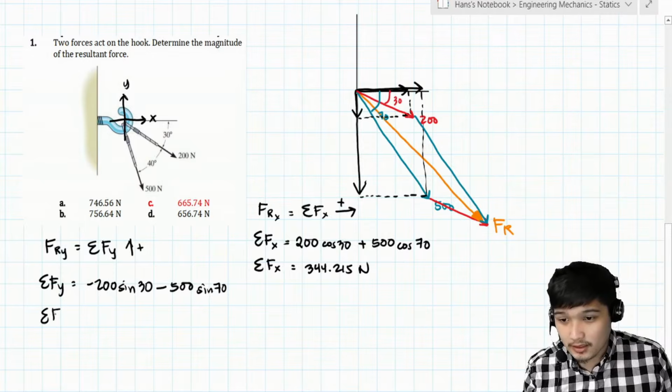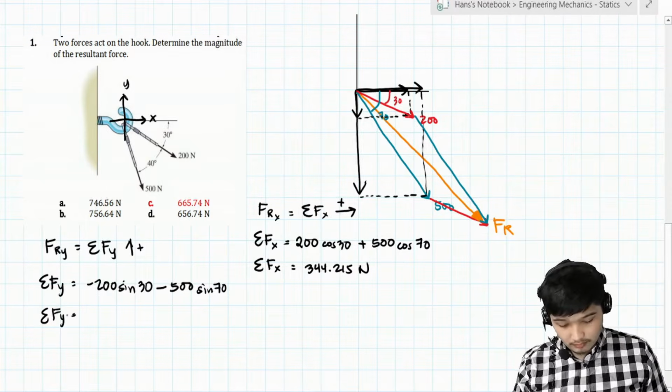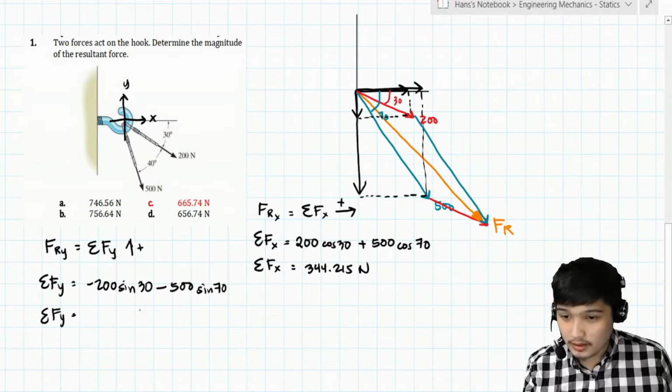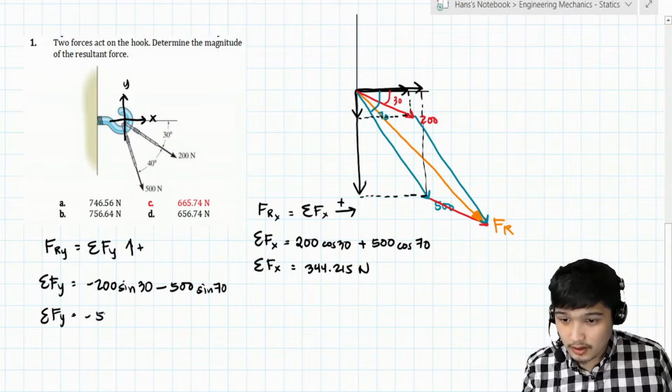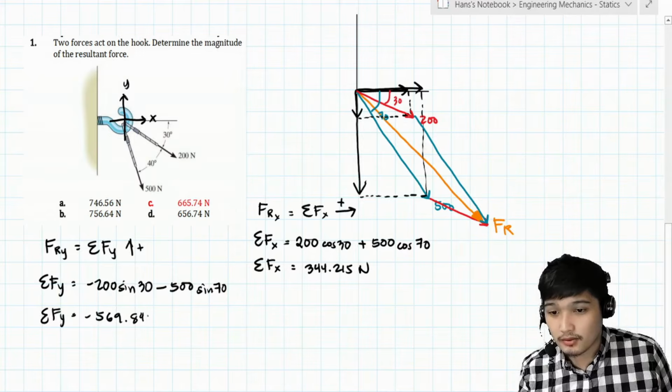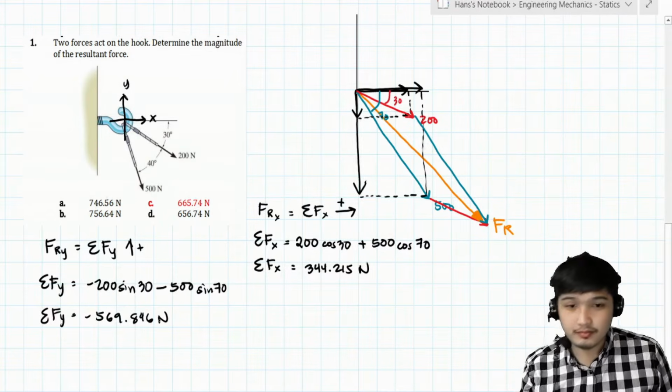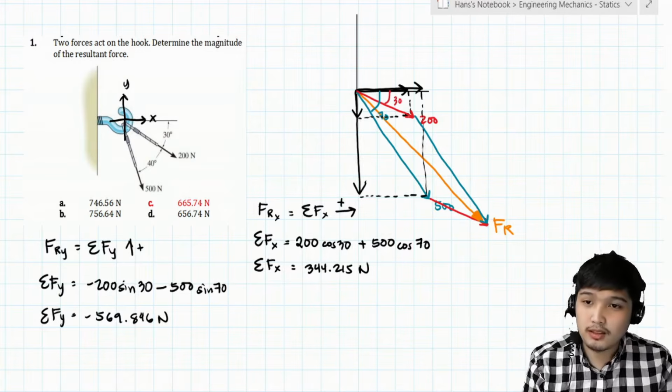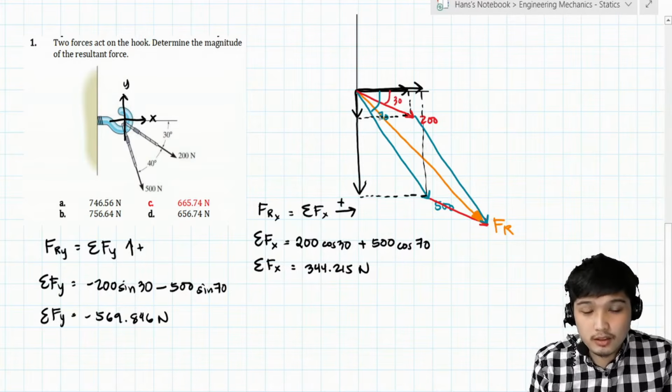Okay, so ilan yan? That is negative 569.846 newtons. Okay, so ayan na. So, anong ibig sabihin yan, class?